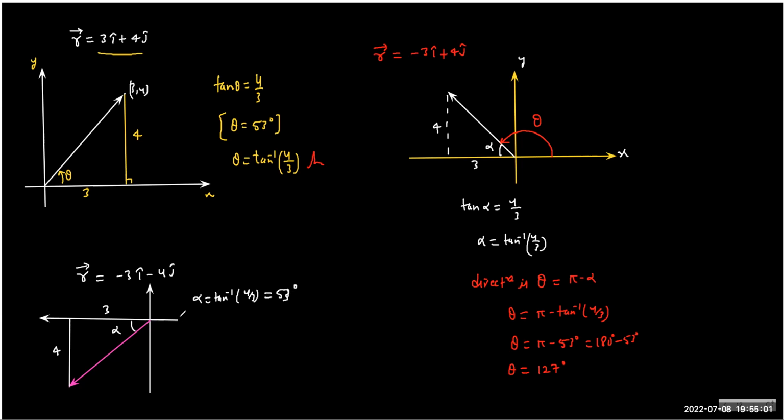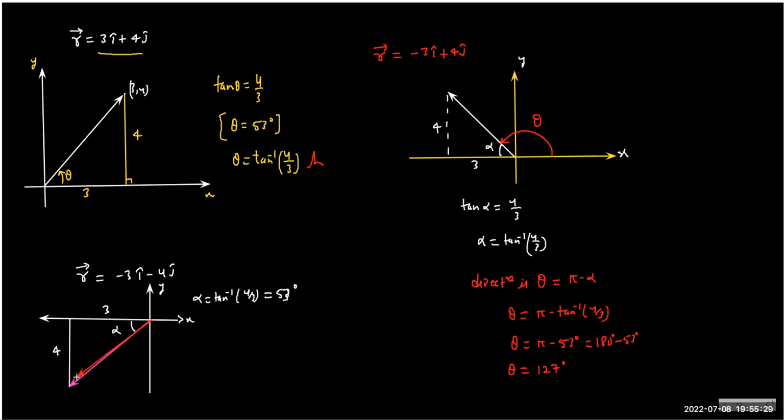But the question is, what is the angle? We have two choices. We can turn anti-clockwise and turn here. But this exceeds 180. It's 180 plus alpha. So if you turn anti-clockwise, you have to write 180 plus alpha. Now, is it exactly wrong?